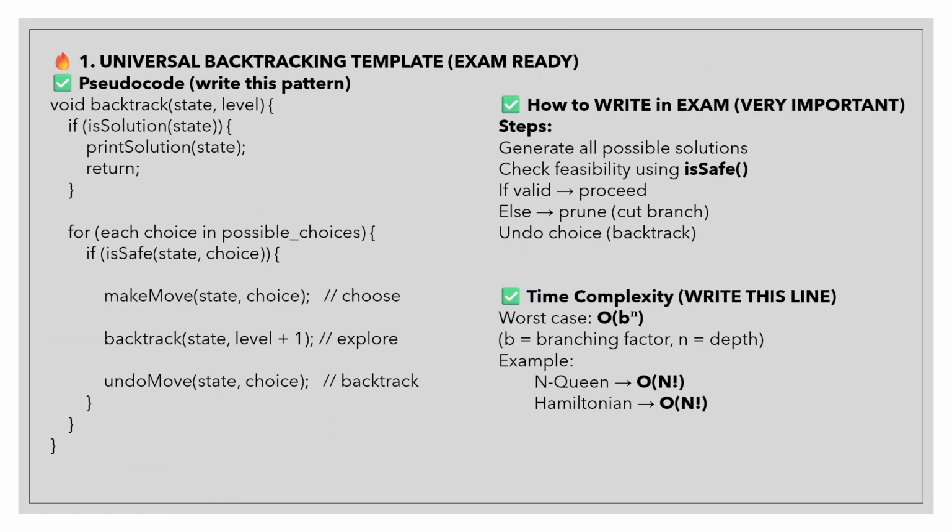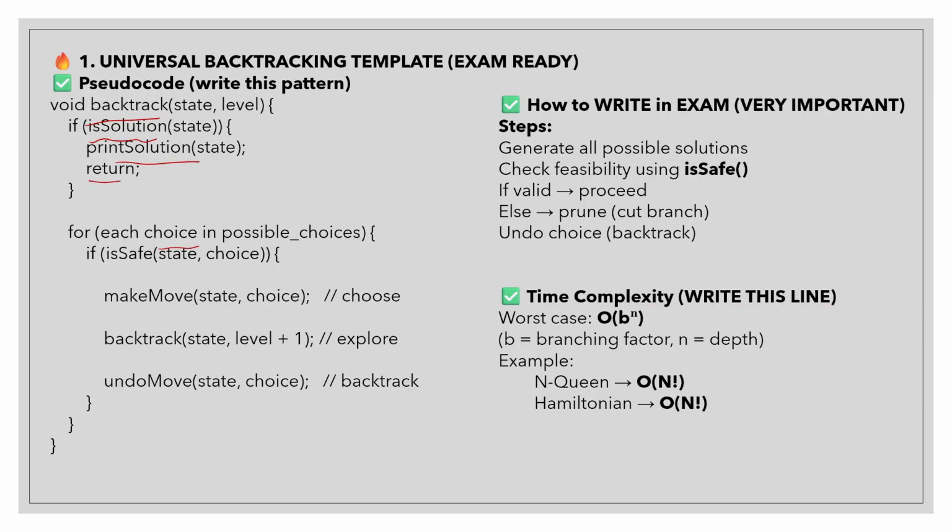Your universal backtracking template, like I always say, I give you a template. Similarly, in AIML also, I gave you a template for BFS, DFS, and all. Similarly, in today's lecture also, I'll give you a pseudo code. You just write it in this pattern. Backtrack. If is solution, you print the solution and return.